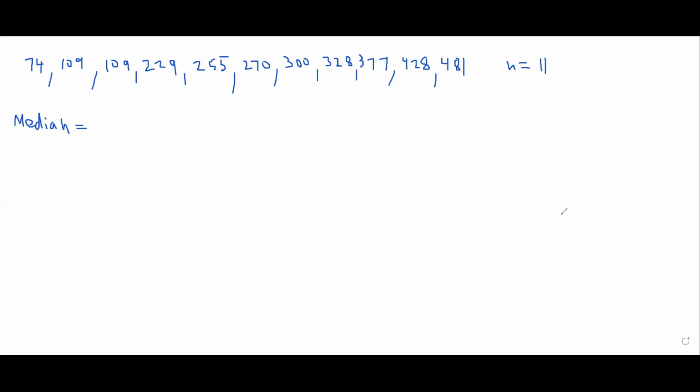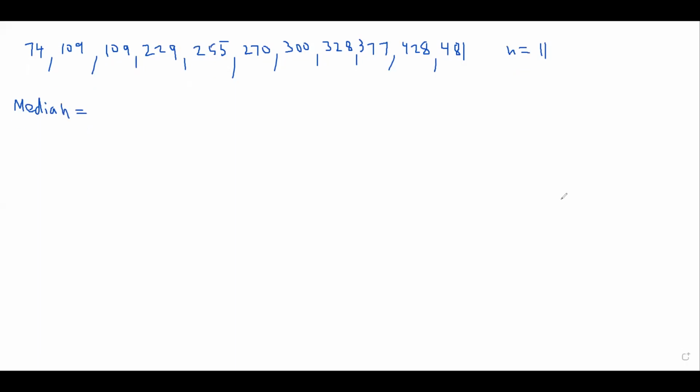So the middle element in the sample should be like a half, right? Or 50% taken of my sample size, which is 11. So it's like 50% of sample elements.